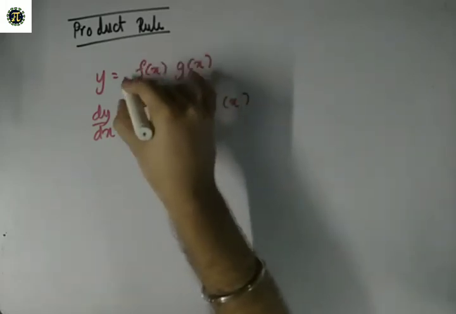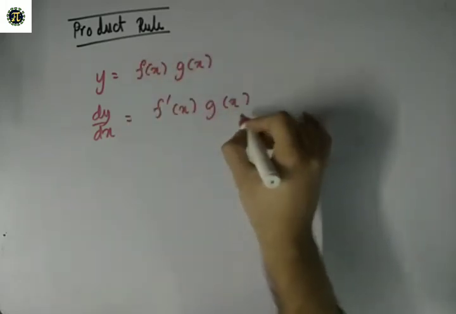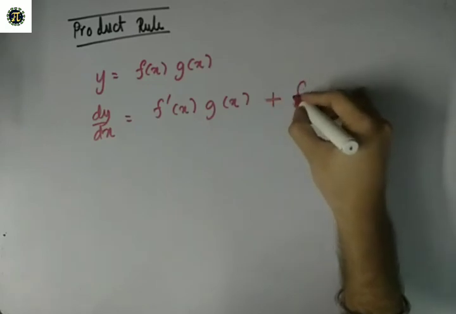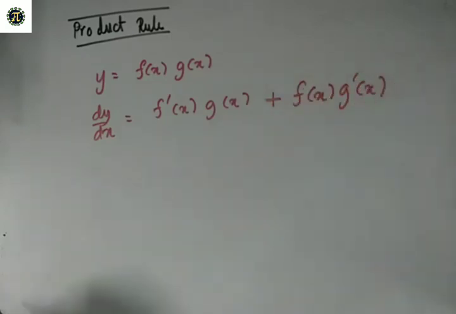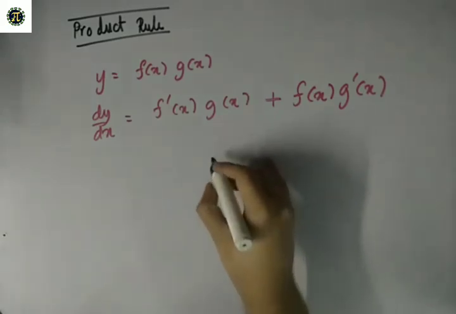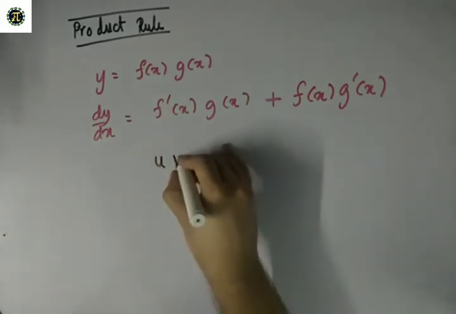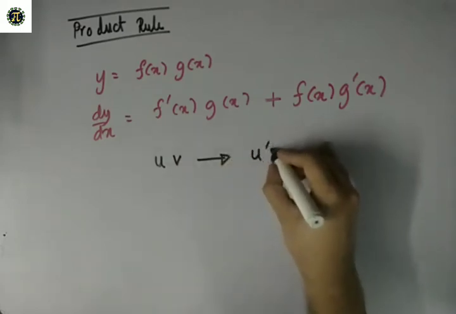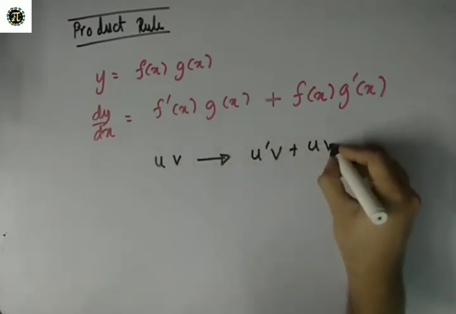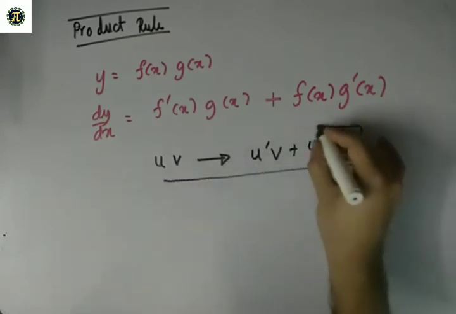So we have differentiated the first function and kept the second one the same, and then added the first function remaining the same and the second function's differentiation. In short form, you can remember it like this: if you have u into v, the differentiation of this will be u dash v plus u v dash.